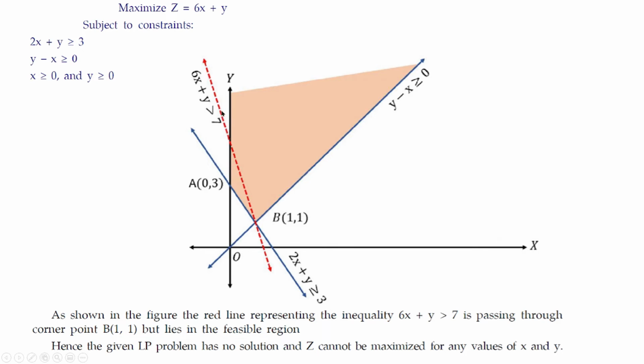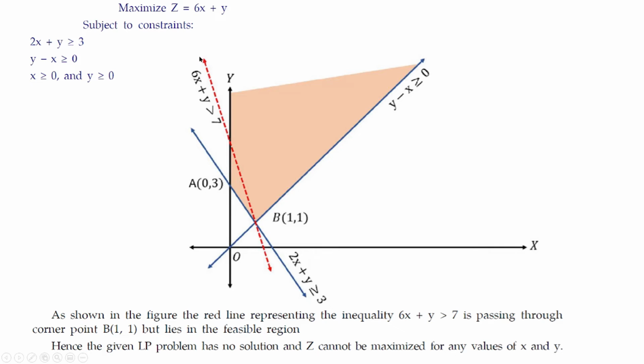Now here we can see the line 6x plus y greater than 7 is this part, as shown in the figure. The red line representing the inequality 6x plus y greater than 7 is passing through corner point B (1, 1) but lies in the feasible region. Now if this line passes through the corner point and does not interfere with the feasible region, then this corner point will optimize the value of z.